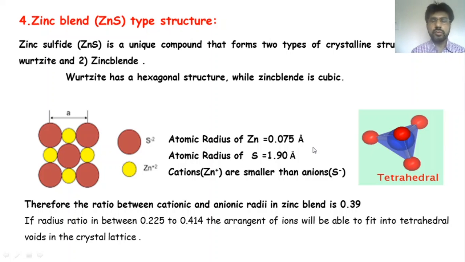Therefore, we have already discussed that the formation of the crystal structure depends upon the size of the cations and the anions, and also the ratio of the atomic radius of the cation to anion.